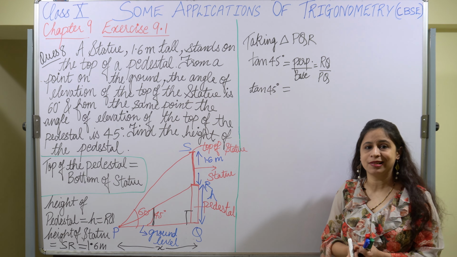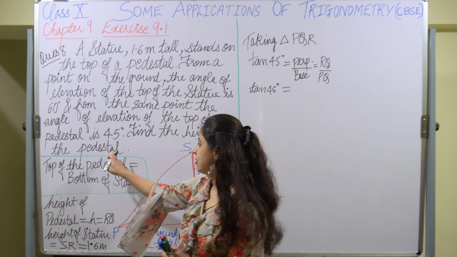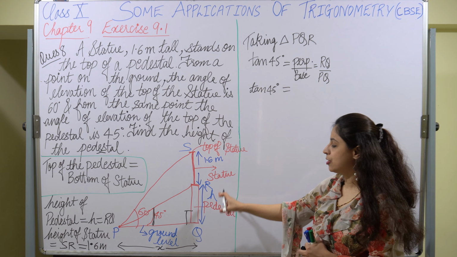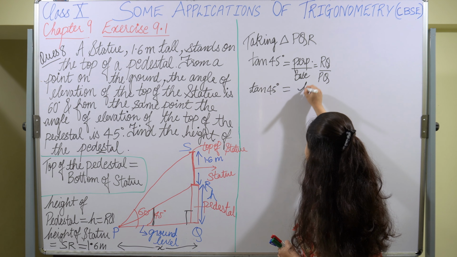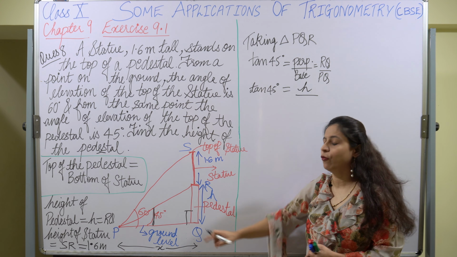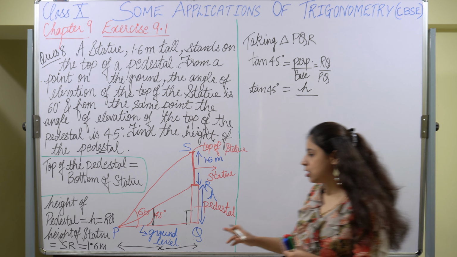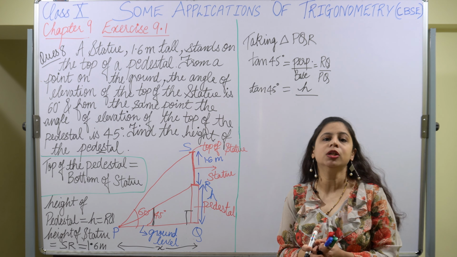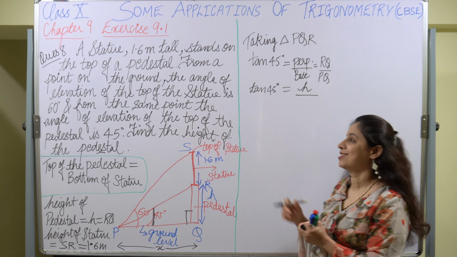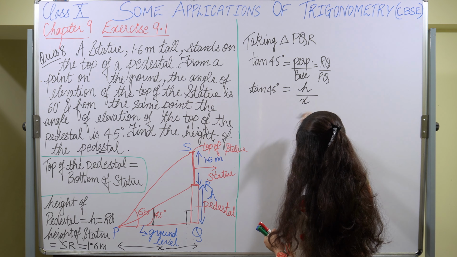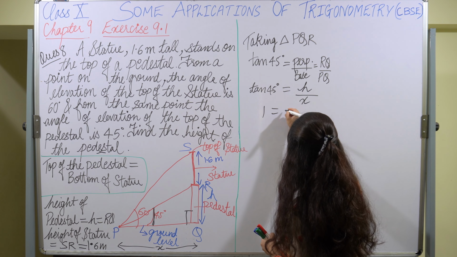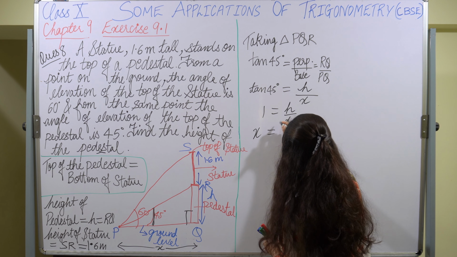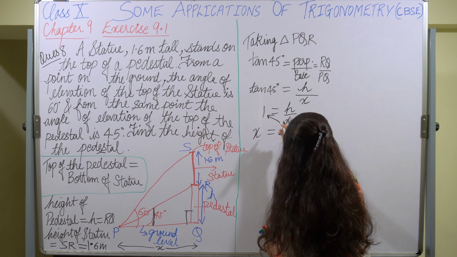We need to find out the height of the pedestal over here, which we have already assumed to be h. And PQ, the distance of the point on the ground from the bottom of the pedestal, we have assumed to be x. So 1 is equal to h upon x. So from here we are getting the value of x by cross multiplying.